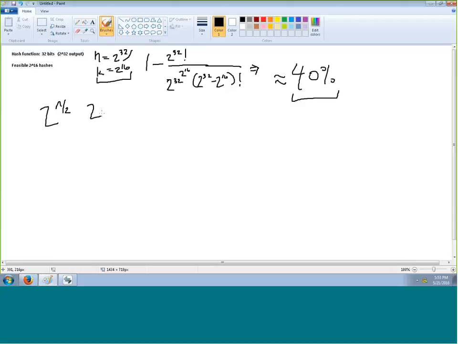And with weak collisions, it's different. It's 2 to the n. So what this means is that it's going to be quadratically harder to protect against a weak collision than a strong collision. I hope this helped rather than hindered.